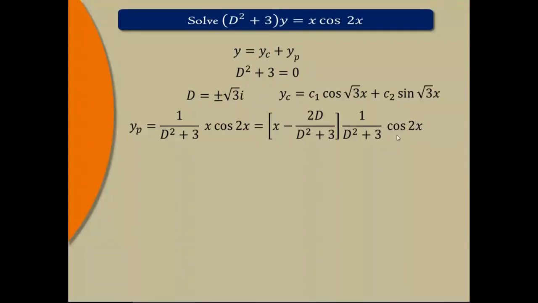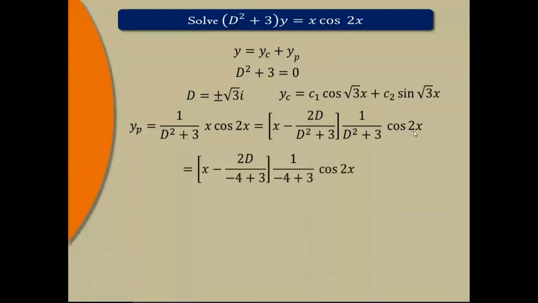Now simplify this further. What do we do for cos ax plus b, where a is 2 and b is 0? For cos ax plus b, wherever D square is there, we replace it by minus a square. We use the corresponding shortcut method for this. There is no substitution for D, so keep the D terms as they are. Replace this D square and this D square by minus 2 square.